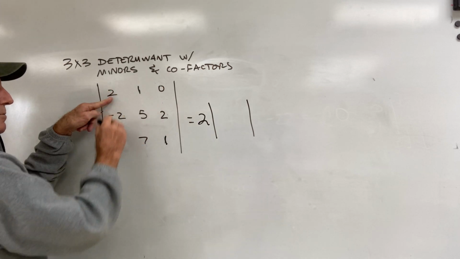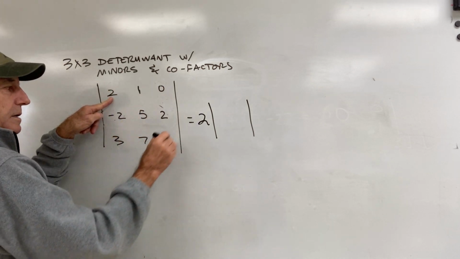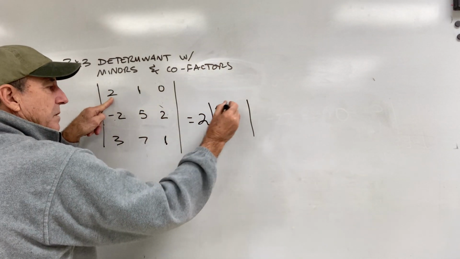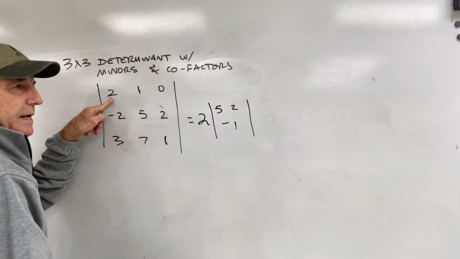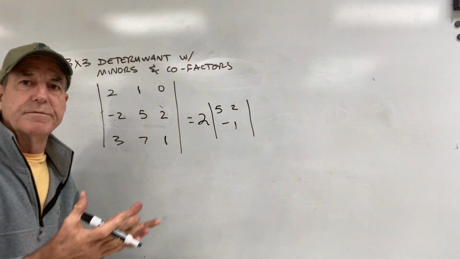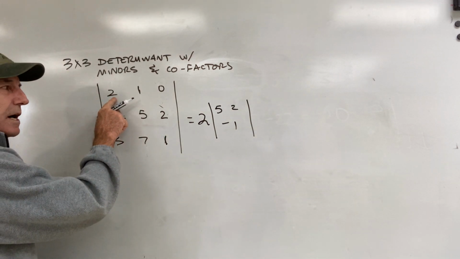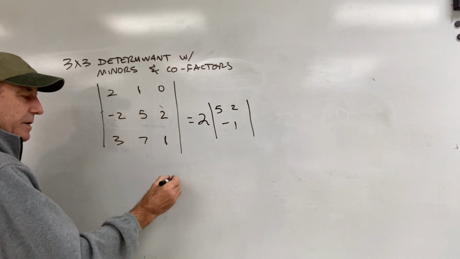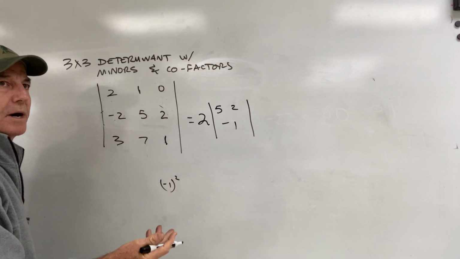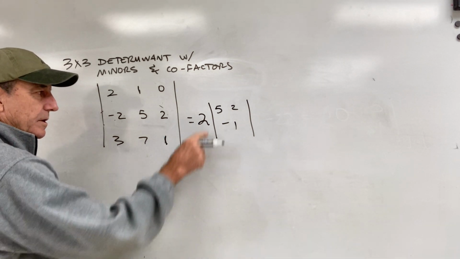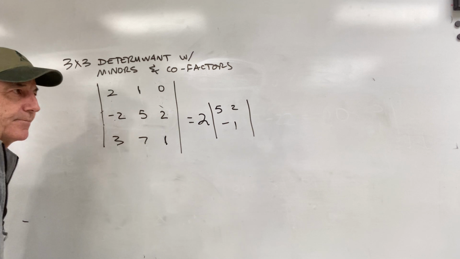Now we're crossing off that row, that column, and there we are. So 5, 2, 7, 1. Now, you say, well, wait a minute, how about the power of negative 1? Yeah, I did that in my head. This is first row, first column, so there's going to be negative 1 to the second power, which is just a positive 1.